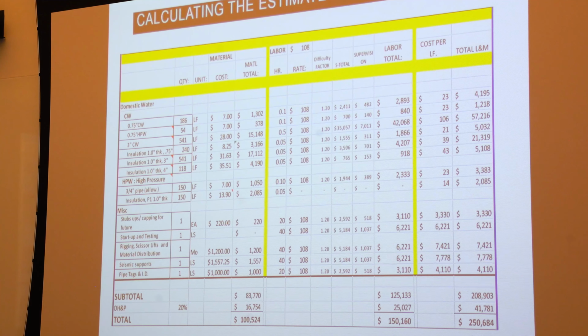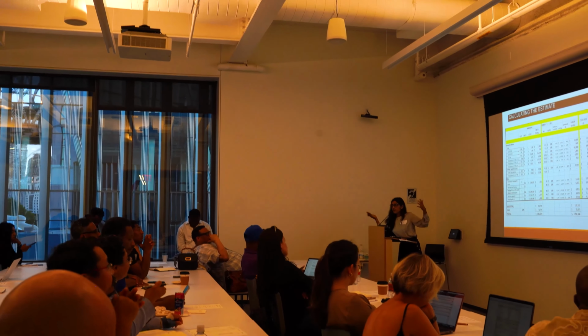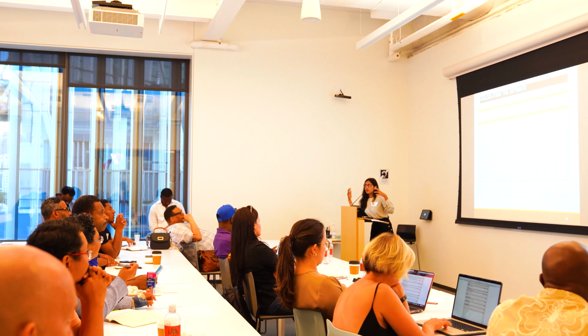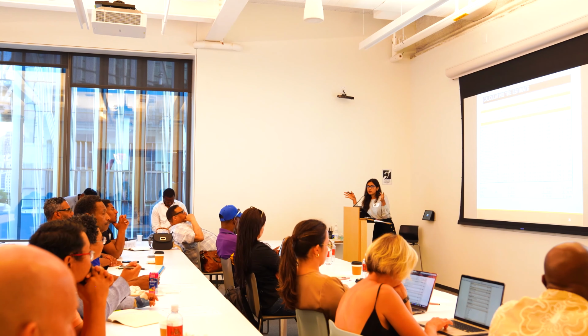So what I've done is I've created a template such that I can pick this up for every project and use and reuse it again and again. Let's say if you're a plumber, there are at least 10 to 20 line items which are going to be common for every project that you do.